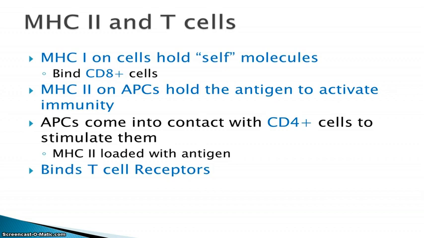Once they are loaded in that vesicle, they are placed on the surface of that antigen-presenting cell, macrophages and dendrites, and they come into contact and form binding complexes with CD4 cells, otherwise known as TH cells.